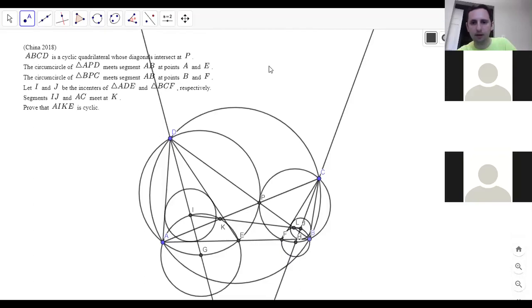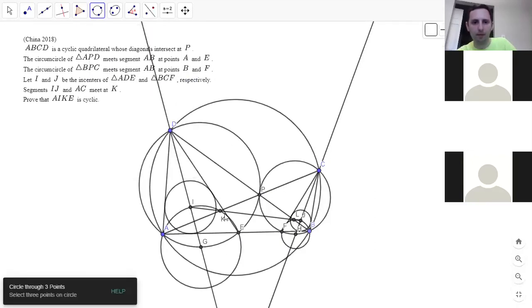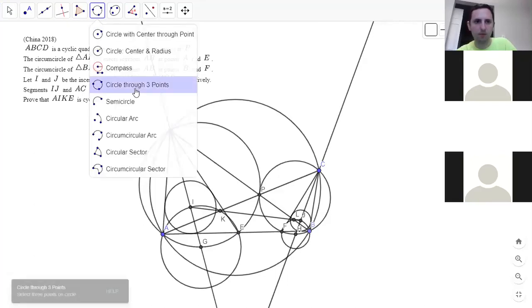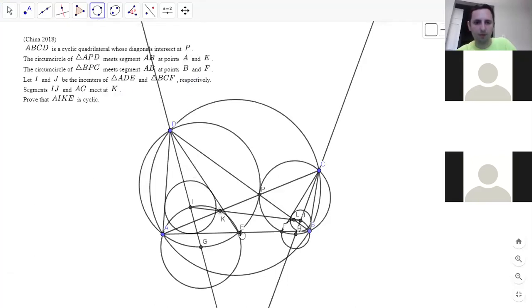I think KEFL is cyclic. I don't think J and C lie on it. Basically, KEFL, we want to show that cyclic.